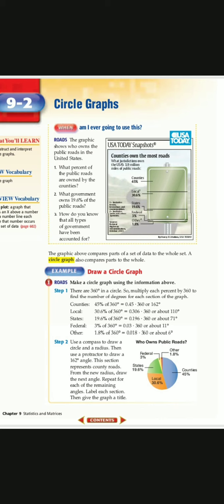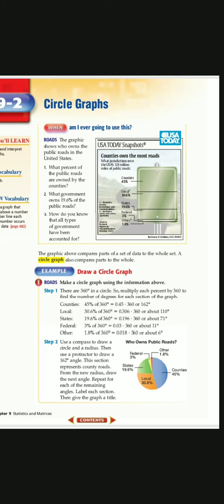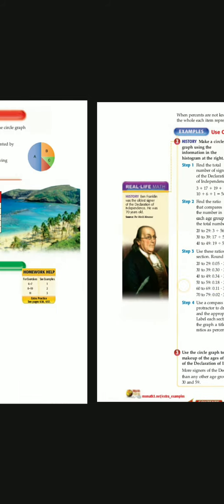This is the diagram. Federal 3%, states 19.6%, other 1.8%, local 30.6%, counties 45%.